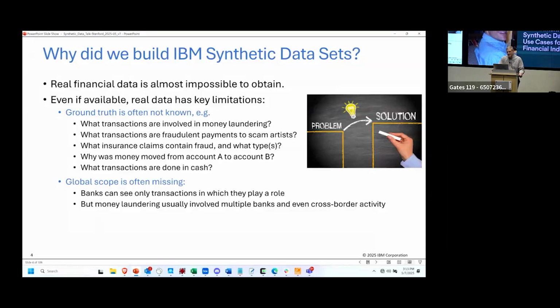And so for something like money laundering that not only crosses bank boundaries, but often international borders, that's very problematic, because you have this very narrow perspective on things. And so with synthetic data, you have an opportunity, if you do it right, to have a much broader scope, and I think improve on that situation. So all of these things were motivations to us to build what we hope is good quality synthetic data.